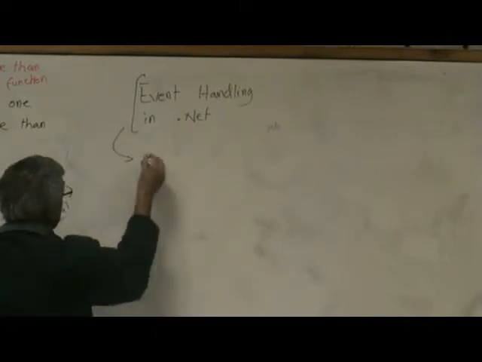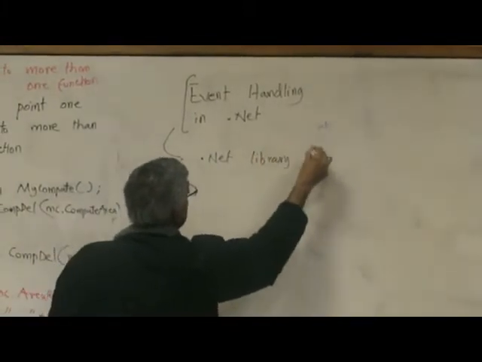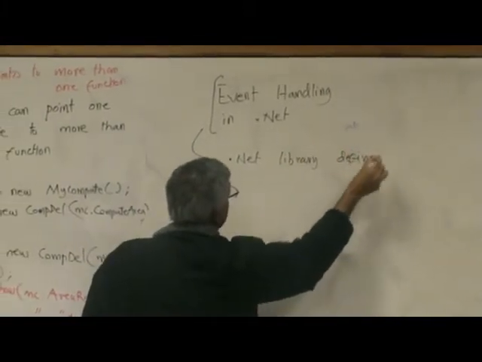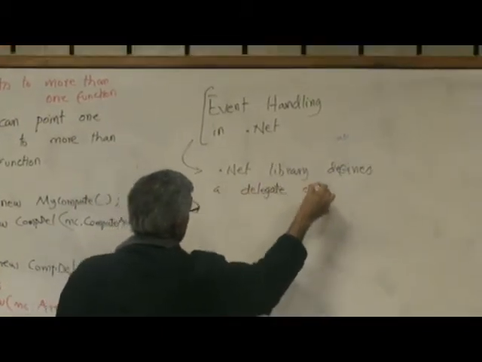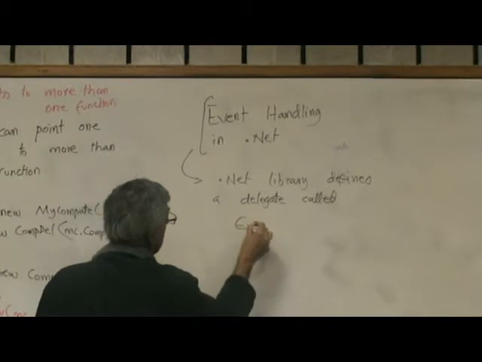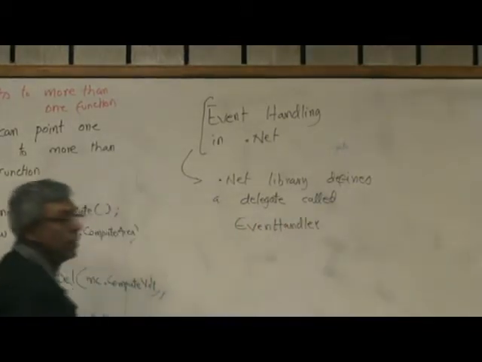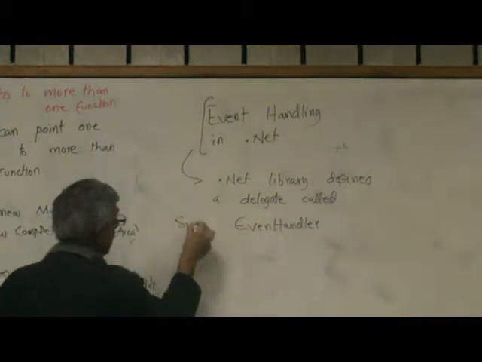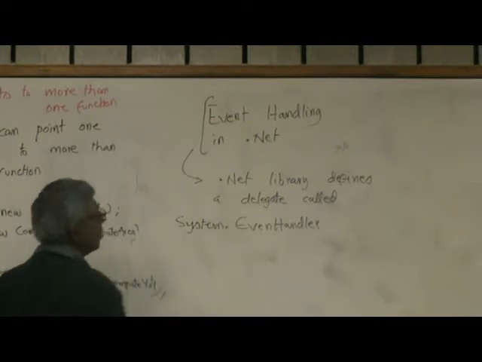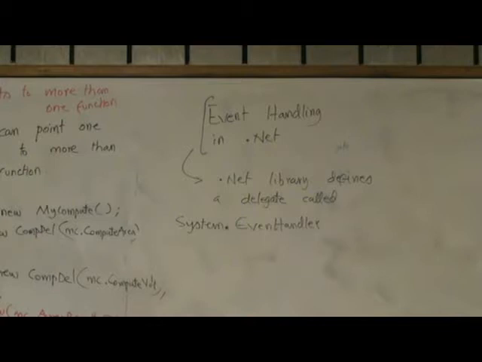So the .NET library defines a delegate called event handler. Okay, and it is defined in a namespace called system. So most of the time we will say system.eventHandler because system is the namespace where this delegate is defined, right?